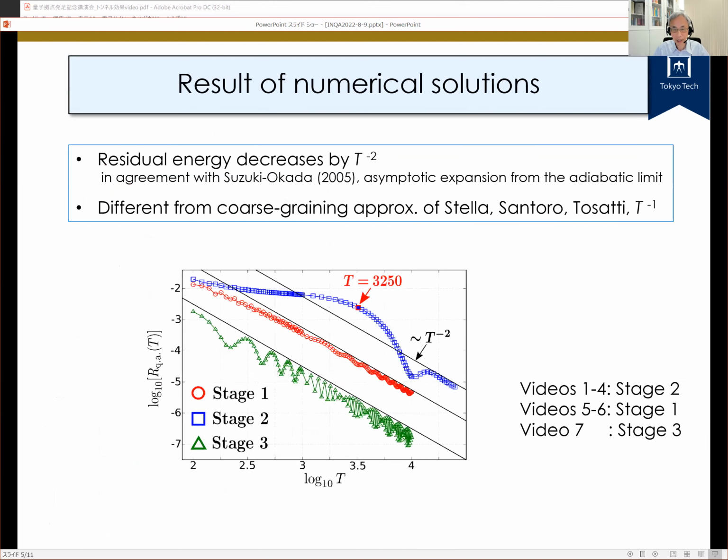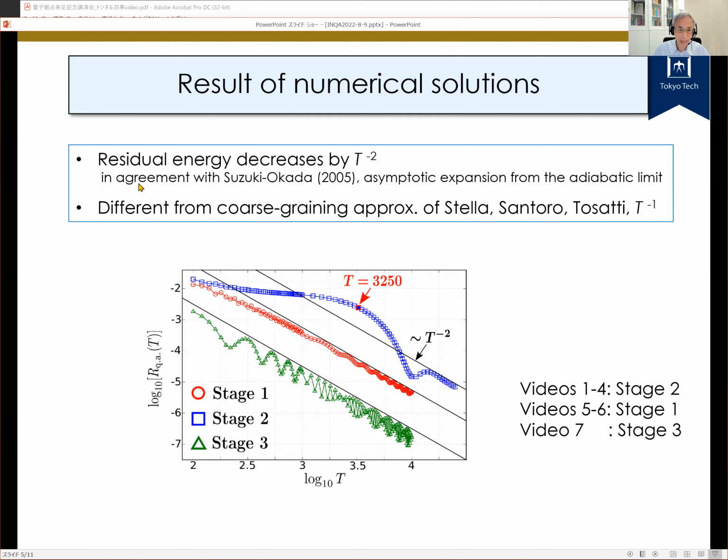So let's see the result for the quantum case. As you see here, the value of the residual energy as a function of the annealing time in log-log scale. In all stages, the residual energy decreases in proportion to T inverse squared.